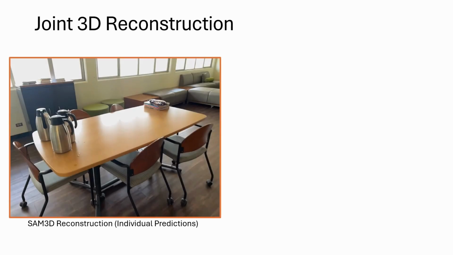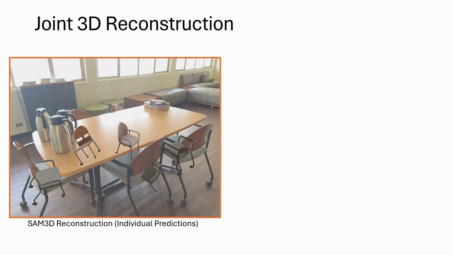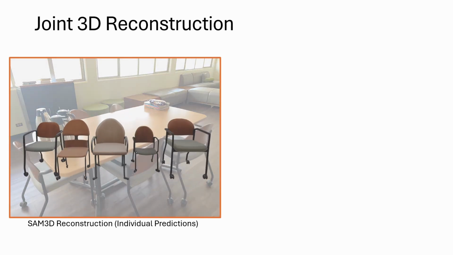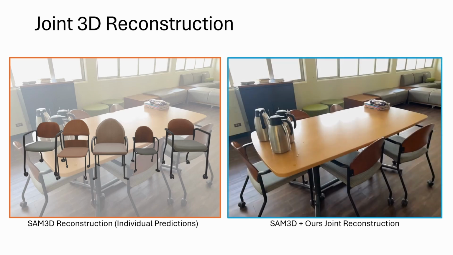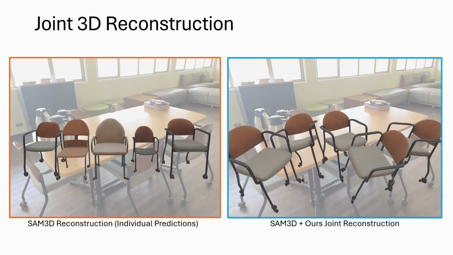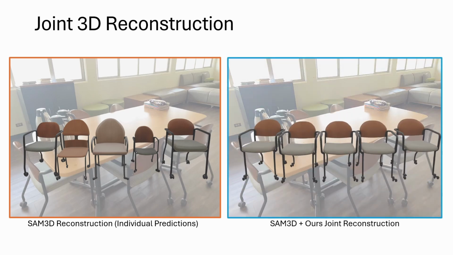Next, we demonstrate how identifying identical objects enables improved 3D reconstruction with SAM3D. While SAM3D reconstructs objects independently, often producing variations in shape and scale across repeated instances, we enable joint reconstruction of identical objects across their input images, producing a single clean representation of repeated objects.